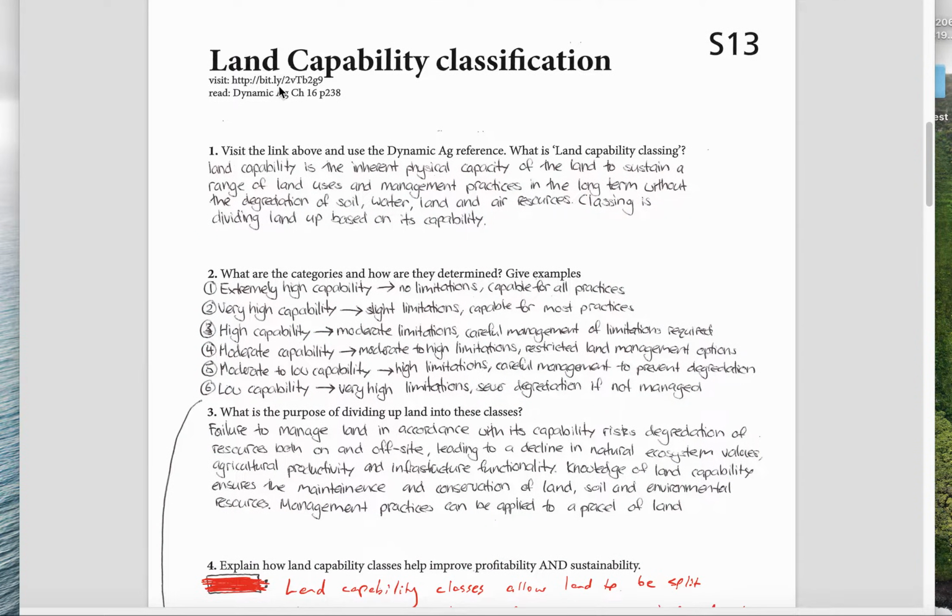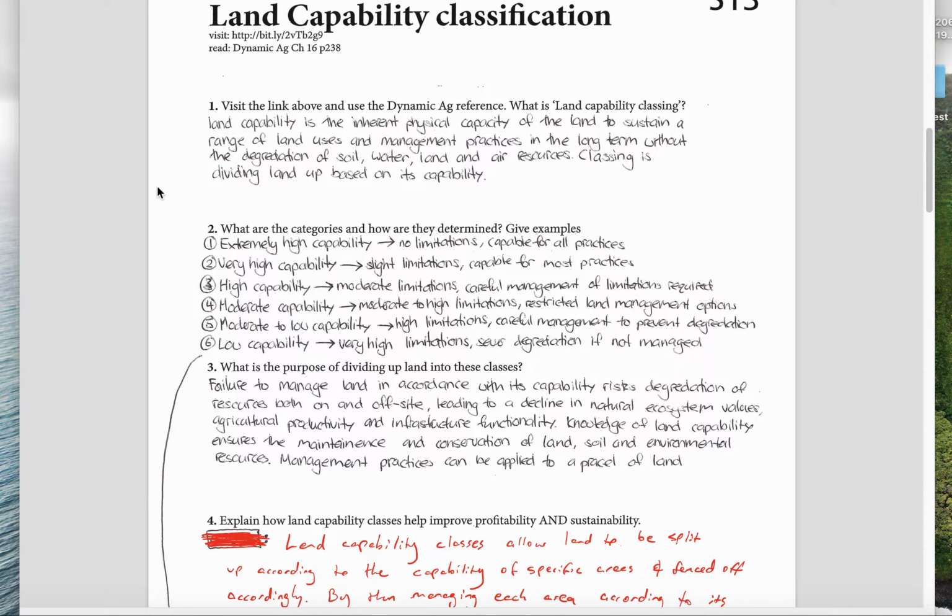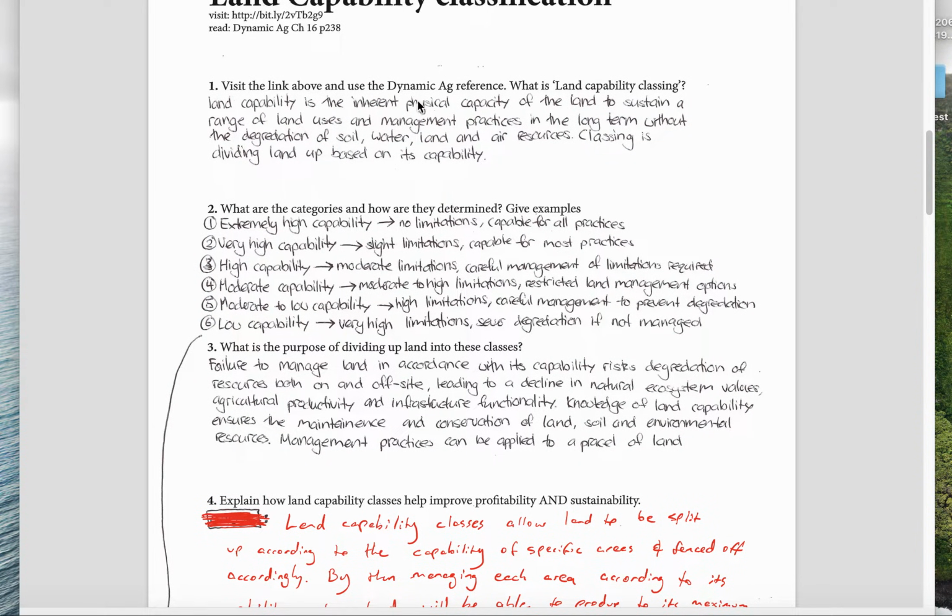So first of all, with land capability classification, it'd be a good idea to look at this website and to read this information in the textbook. But basically, land capability is the inherent physical capacity of the land to sustain a range of land uses and management practices in the long term without degradation of soil, water, land, and air resources. And the classing is divided up based on its capability.